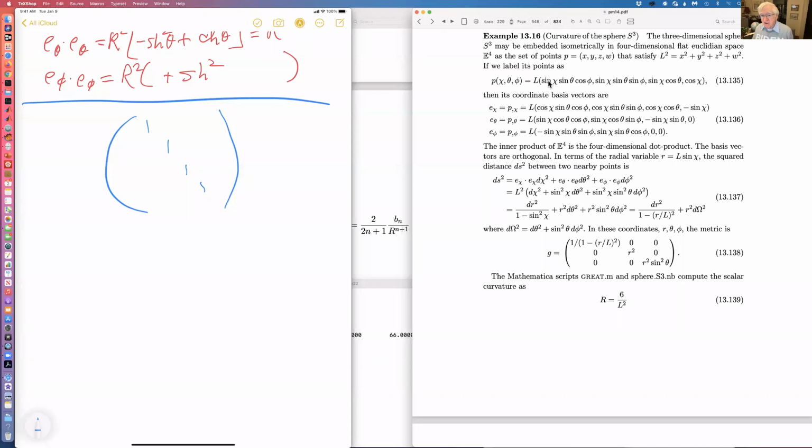There's an extra angle here, sine chi, and then sine theta, cosine, then the rest of it are the normal polar coordinates. But what replaces r is L sine chi. So then we have three basis vectors as we differentiate the point with respect to chi, theta, and phi. I don't know which is the appropriate one.